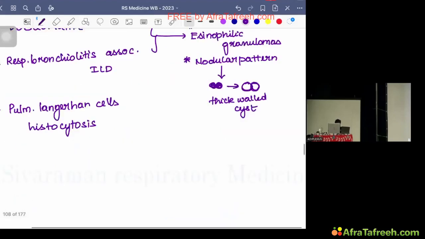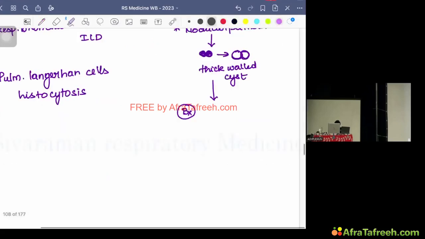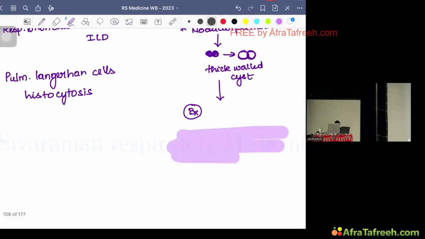Now what happens here is, if you do a biopsy, in the biopsy you will have a lot of respiratory cells.